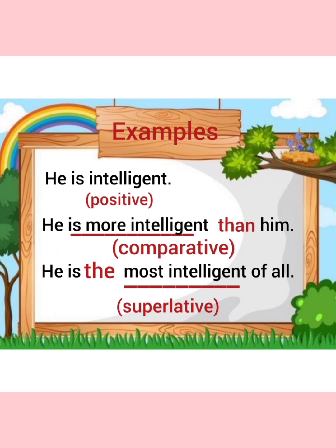So comparative degree is used. As intelligent is more than one syllable, we have to put more with it in comparative degree. And the last example is he is the most intelligent of all. Superlative degree, I have added most because a comparison has been made of one single noun with the rest of all the students or rest of all the boys.